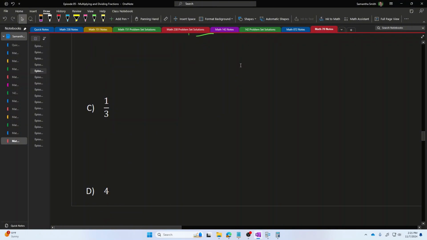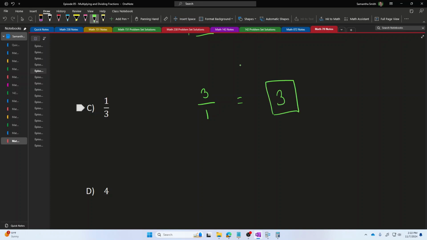All I have to do is flip that fraction upside down and put the 3 in the top and the 1 in the bottom. But 3 over 1, 3 divided by 1, simplifies really nicely. If you divide 3 by 1, the result is just 3. So the reciprocal of 1/3 is 3.